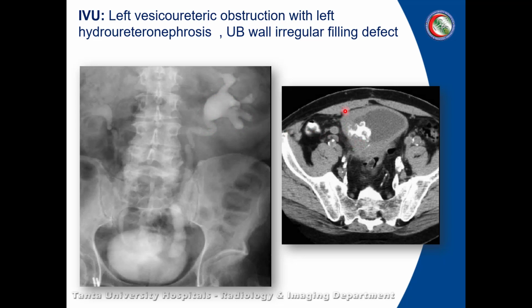And this is a CT scan of the same condition. There is also thickening or mass lesion in the region of the urinary bladder at the vesico-ureteric orifice. So the full comment is IVU showing left vesico-ureteric obstruction with filling defect in the urinary bladder and left hydroureteronephrosis.